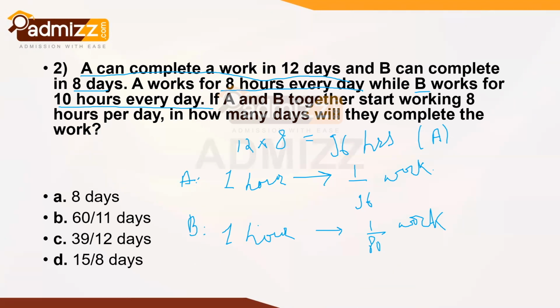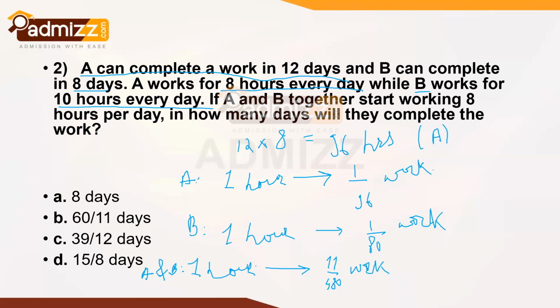So if they work together, in 1 hour, they complete 1 by 96 plus 1 by 80, which is 11 by 480 amount of work, right? If A and B start working together, they finish 11 by 480 amount of work in an hour, right?